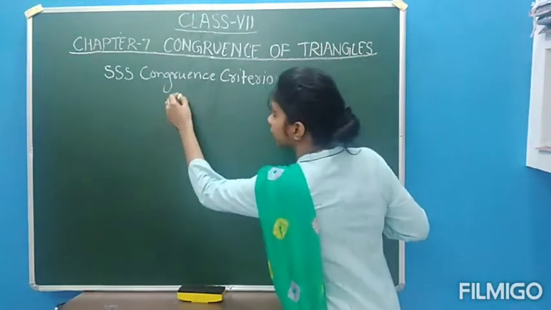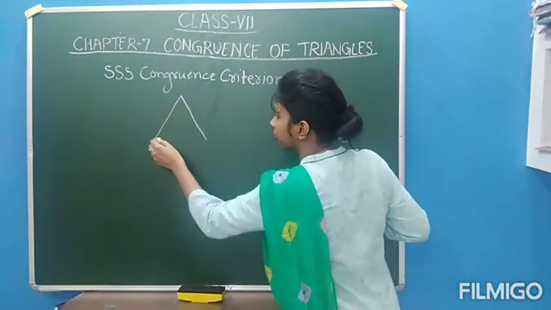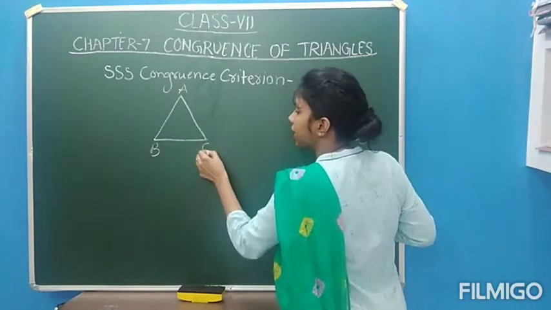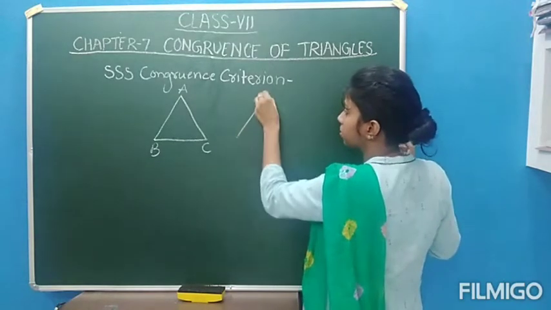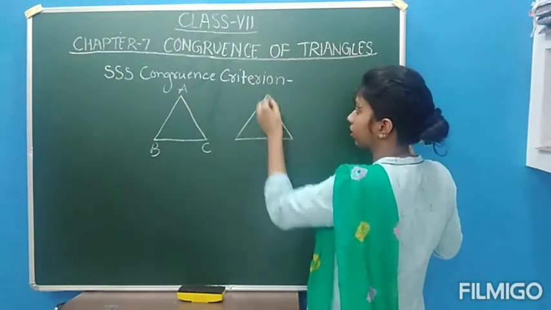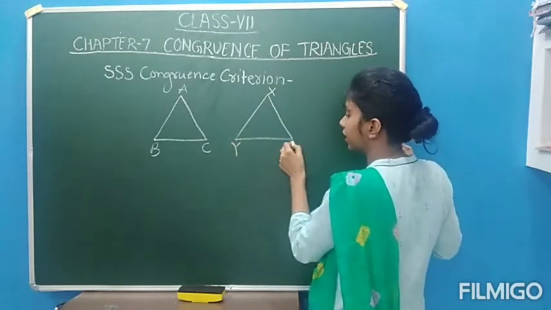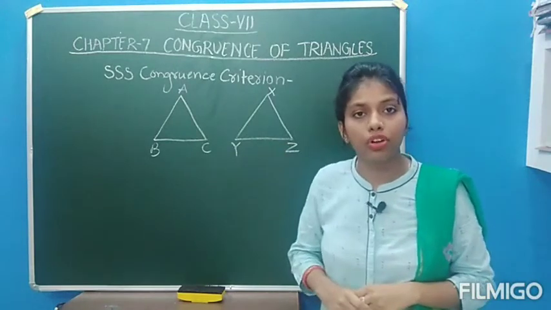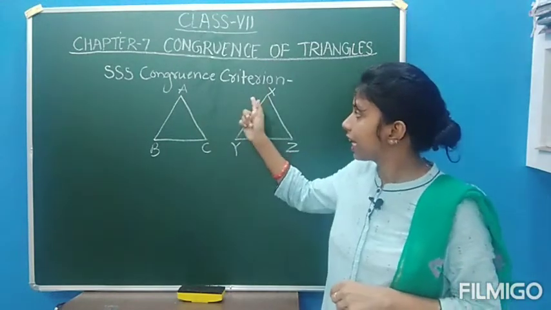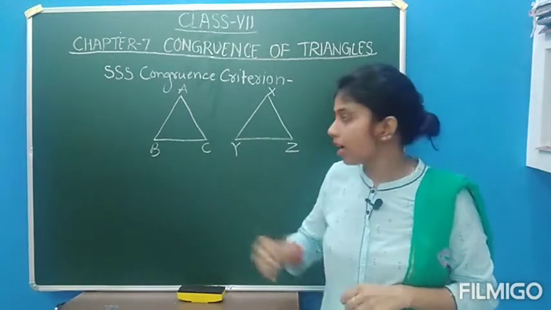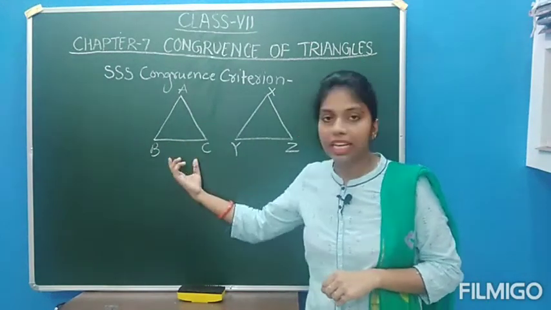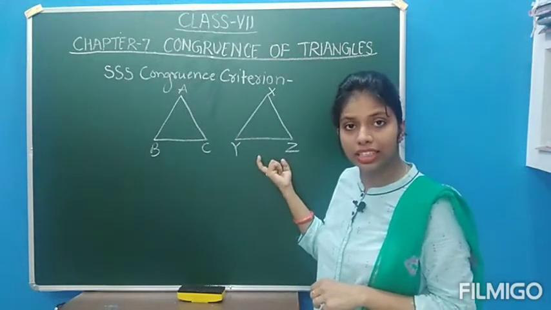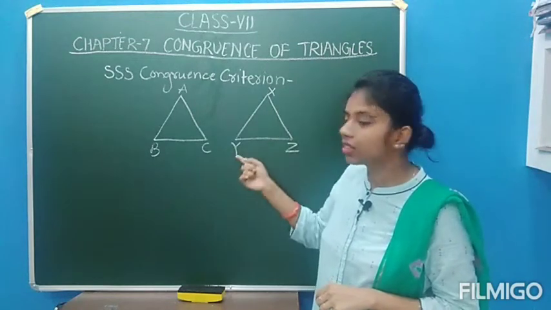Suppose we have two triangles. This is triangle ABC, and another triangle, suppose this is XYZ. When we say that these two triangles are congruent by the SSS criteria, it says that if the three sides of triangle ABC are equal to the corresponding three sides of triangle XYZ.